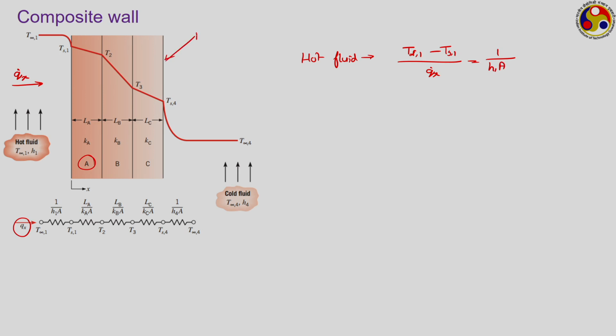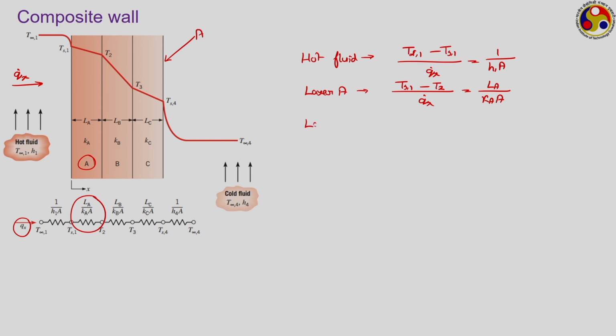Let us say A refers to the area of this wall. Then the first layer, the layer number A, it is subjected to conduction. So, temperature is Ts1 on one side and T2 on the other side, divided by Q̇x is equal to LA/kA, which is this resistance.